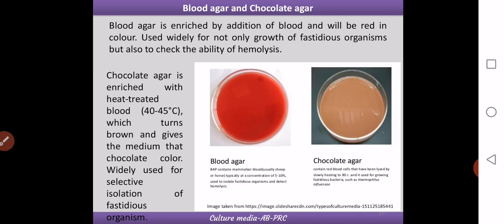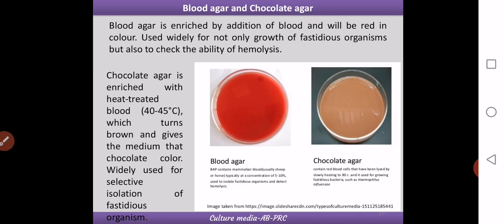At the same time, chocolate agar is also added with blood. But the difference between blood agar and chocolate agar is that in blood agar, the blood is added after cooling the medium, right? Or fresh blood is added. At the same time, in chocolate agar, the blood added into the medium is heat treated, or otherwise you can say the blood is added into a medium which is at a particular temperature, right?